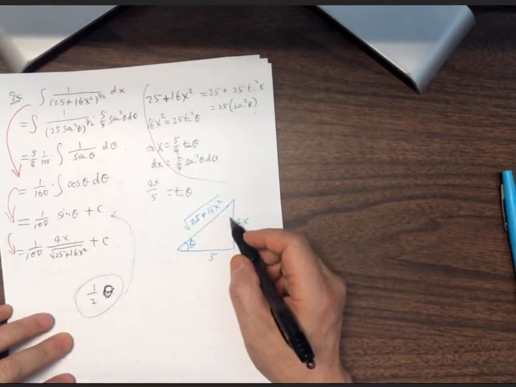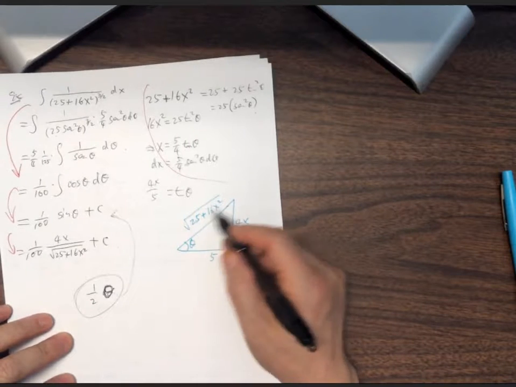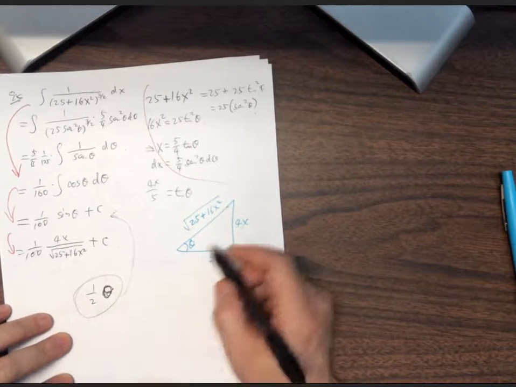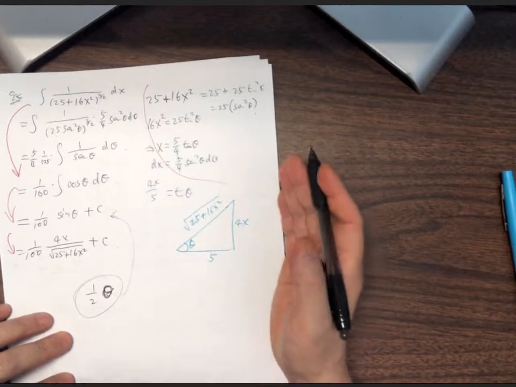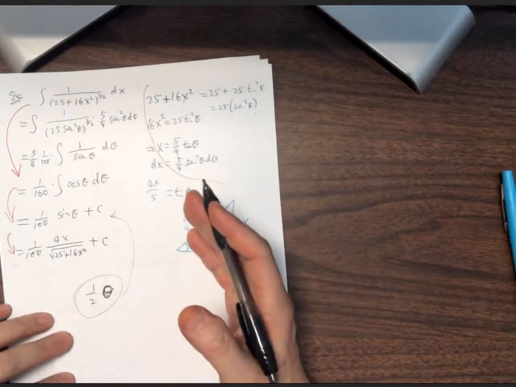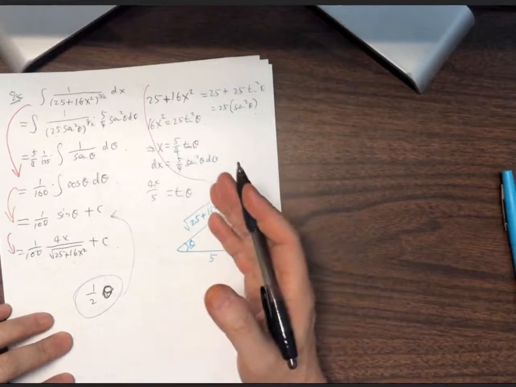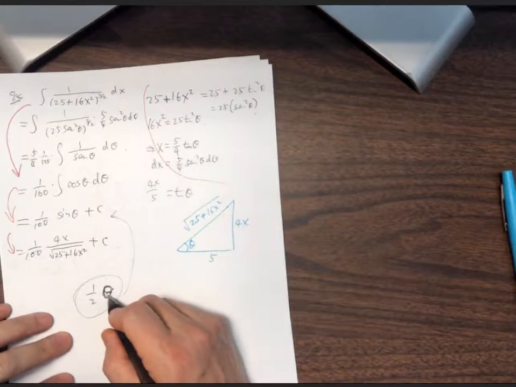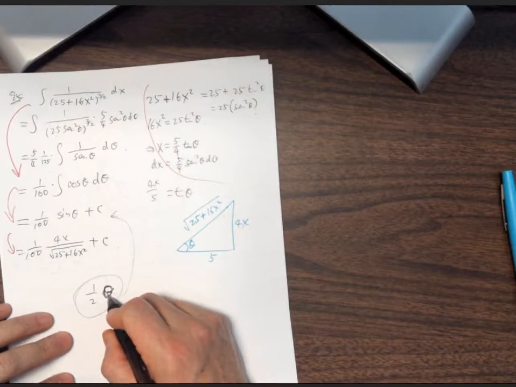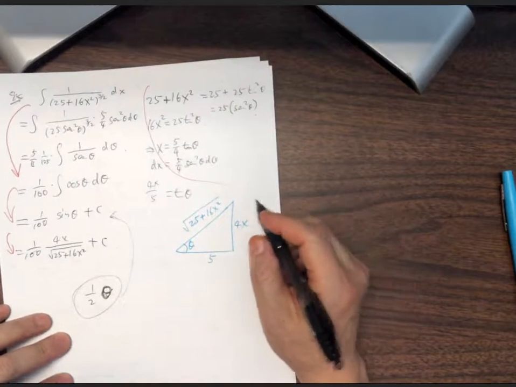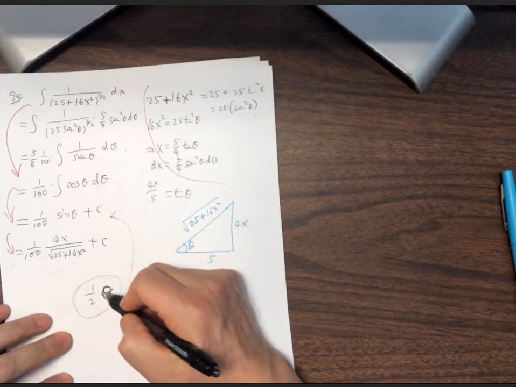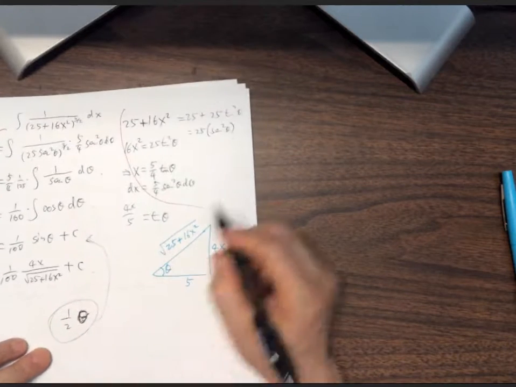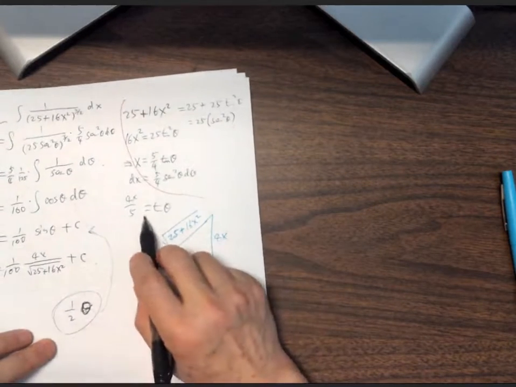Then we cannot use the triangle to do it, because the triangle can tell us what we can have for sine theta, what we can have for tangent theta, what we can have for cosine theta. And if it's just theta by itself, how are we going to turn this back into something in x? Well, if that's the case, we actually have to rely on the substitution itself.